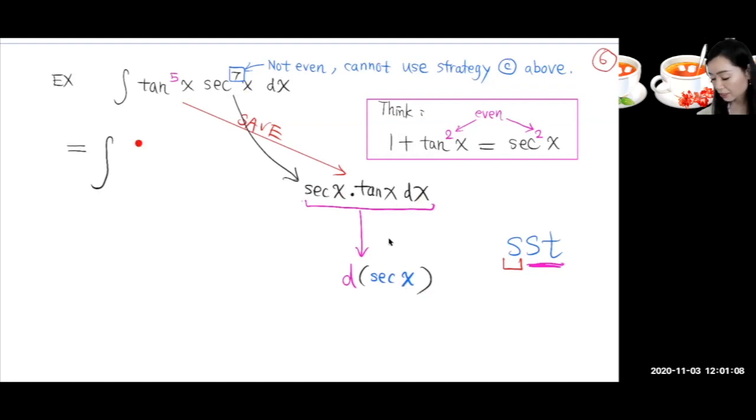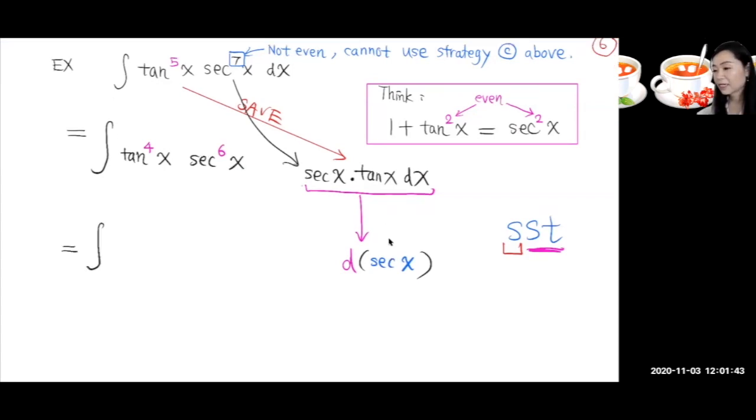Now, after you have done this, let's see what the remaining part is. This is going to become tangent to the 4th power x now, right? And then this is going to be secant to the 6th power now.